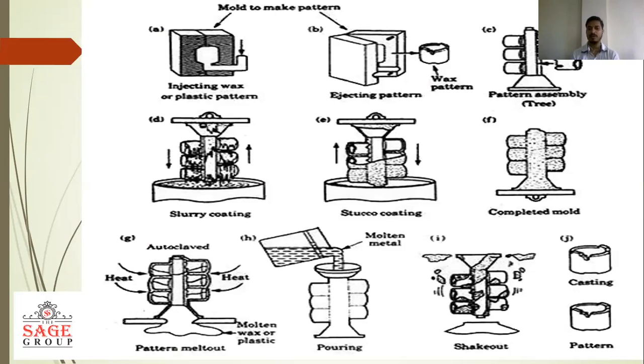Then after that, the molten metal is poured into the mold cavity, and then the casting is cooled and solidified. After that, we check the pattern, and finally we get the casting. Right? So this is a complete investment or lost wax casting.